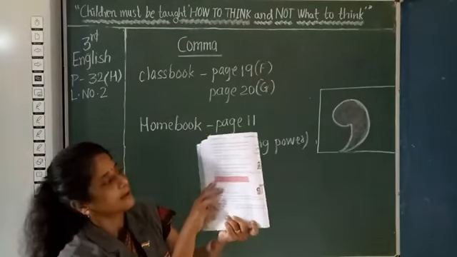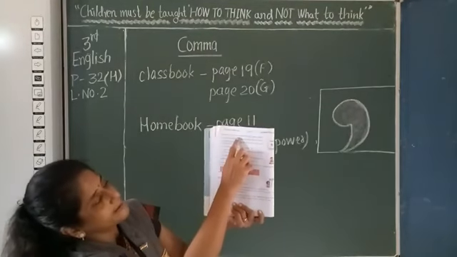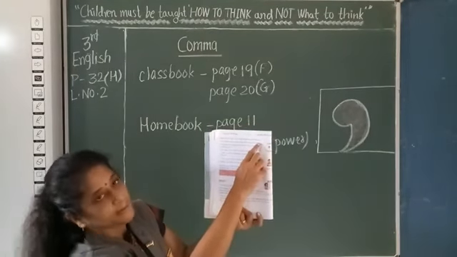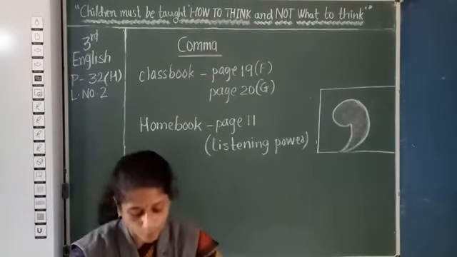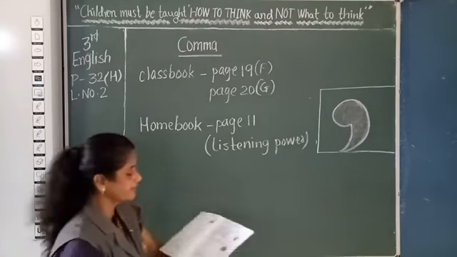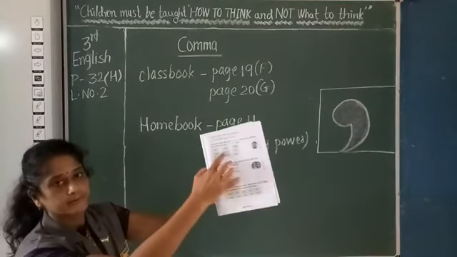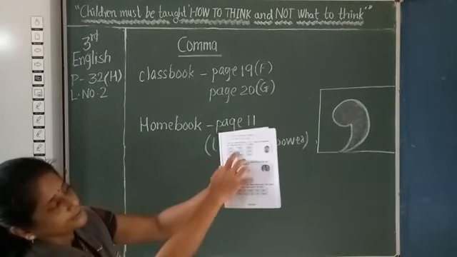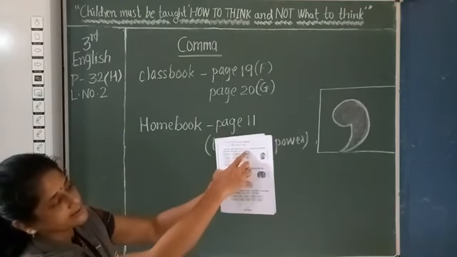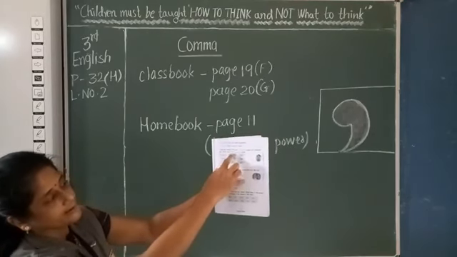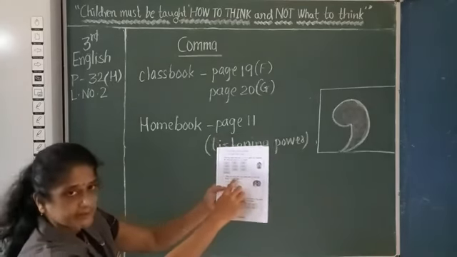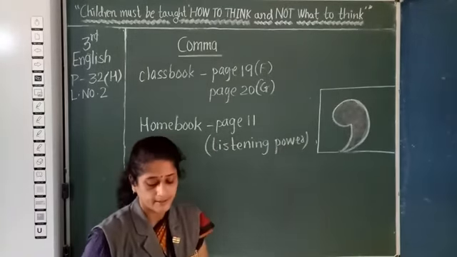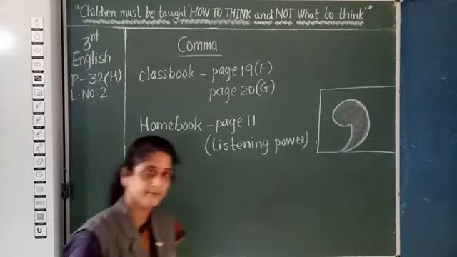Just now as we have learned, you have to separate items in the following list using commas. Yes? So do this, and from the home book, page number 11, your listening power. This is your listening part, where you have to circle words that have C as an S sound and underline the words that have C as a K sound. So read the words properly and circle and underline. Yes, children?